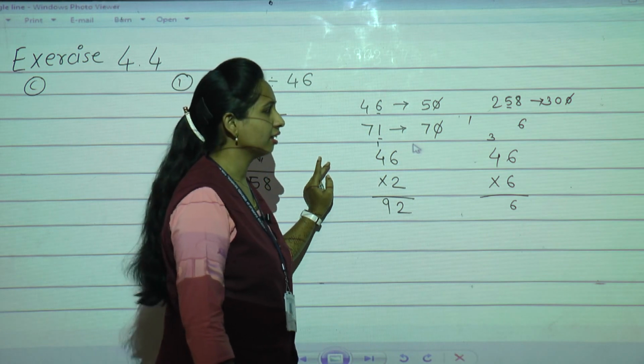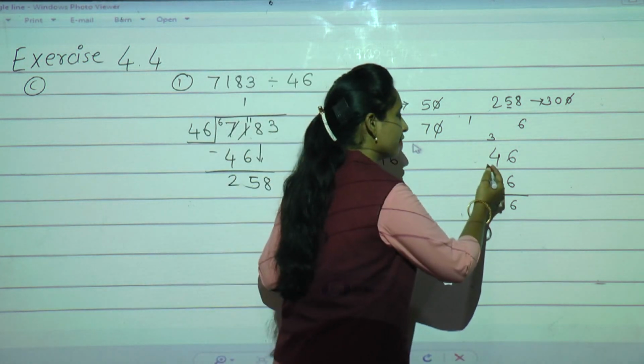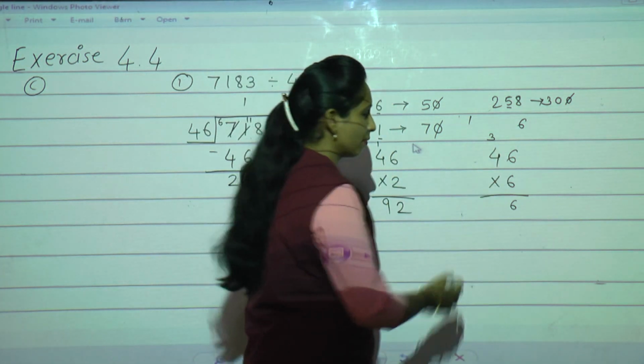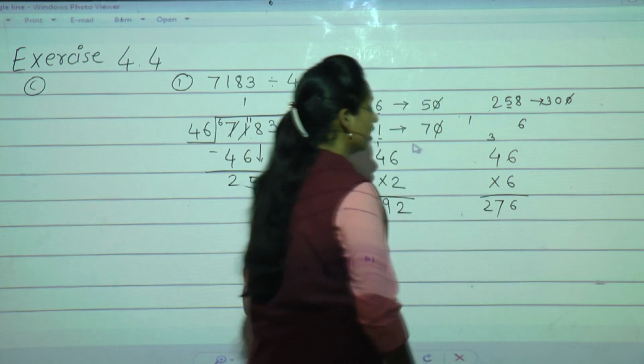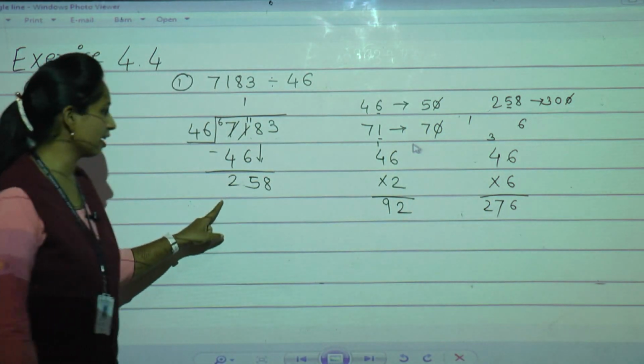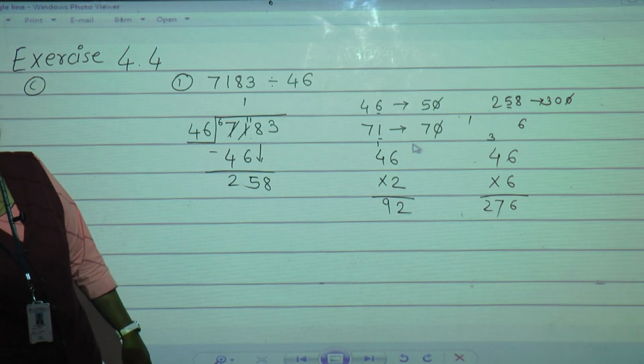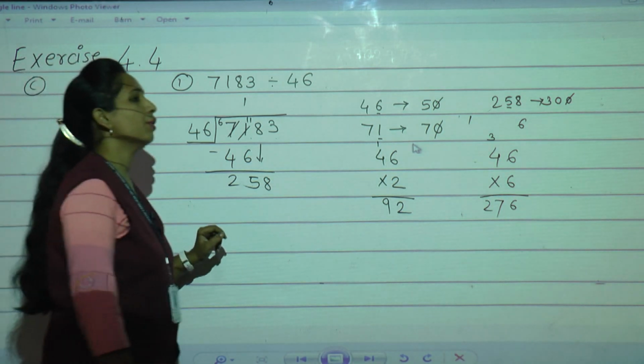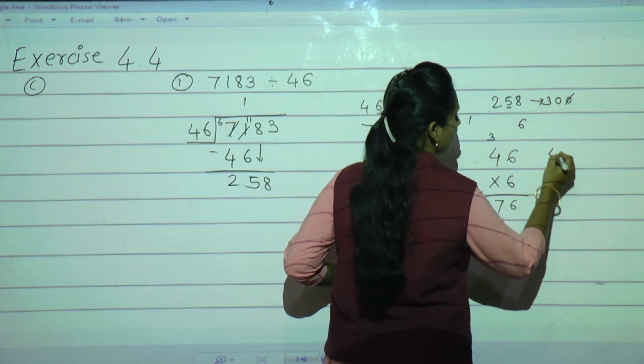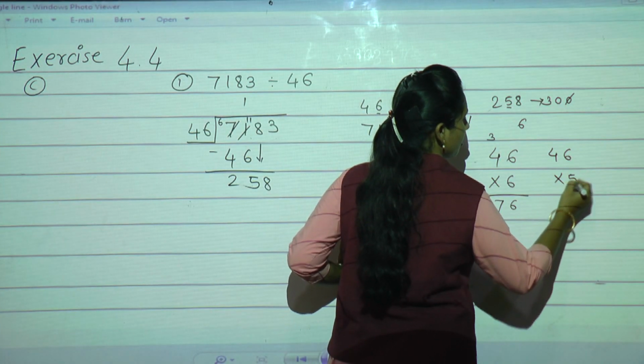Yes? No. 6 4s are 24, 24 plus 3 is 27. Now see, 276 will go from 256. Yes students? No. Now what we will do? We will take less than 6, that is 5.